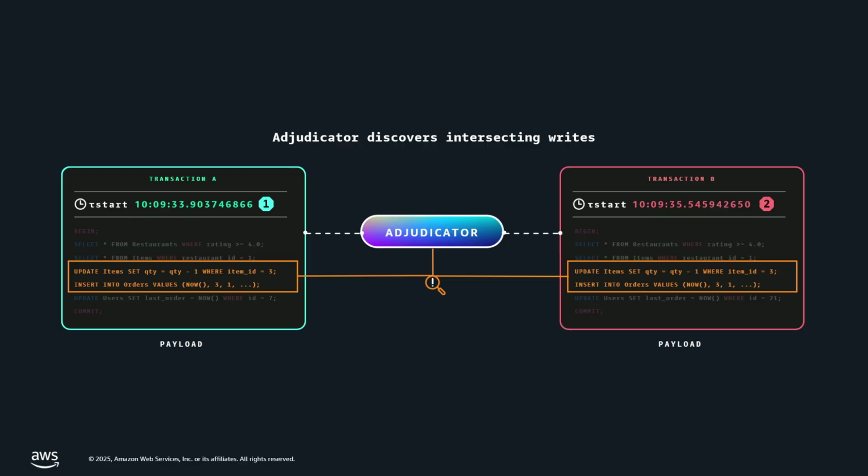It will look for all the changes that were made after the start time, tau start, and look for overlapping or matching rows that were changed. It sees that both transactions are trying to change the same row, and because they cannot both change the same row at the same time, and transaction A was committed slightly before, transaction B needs to be aborted.